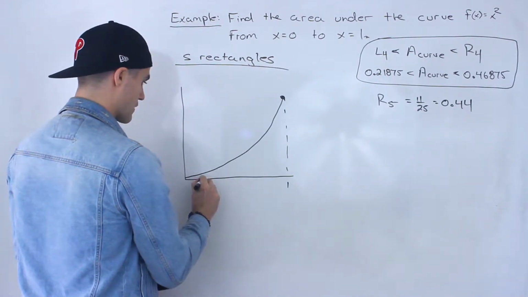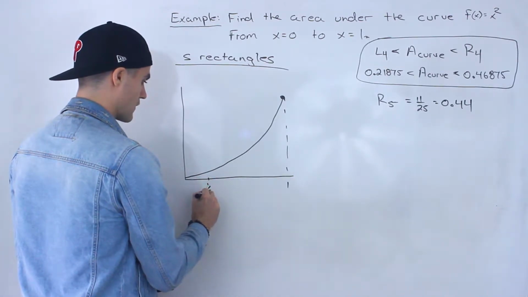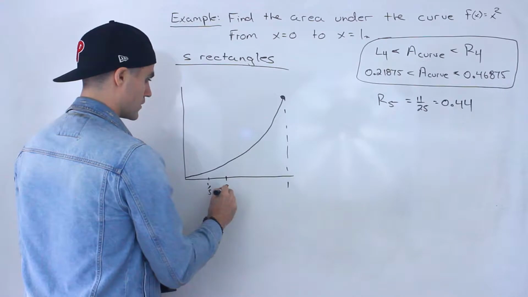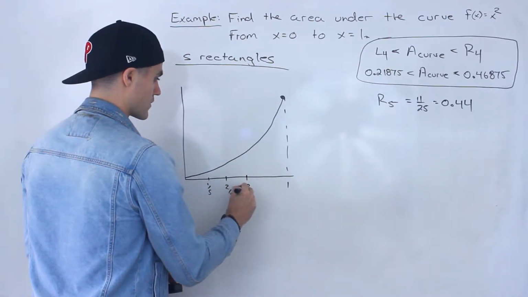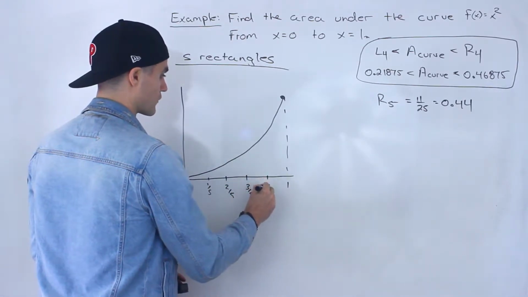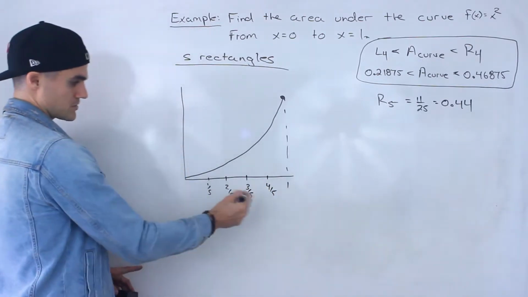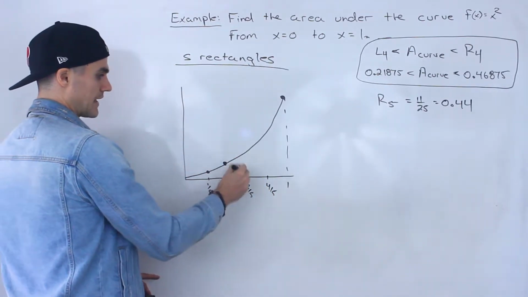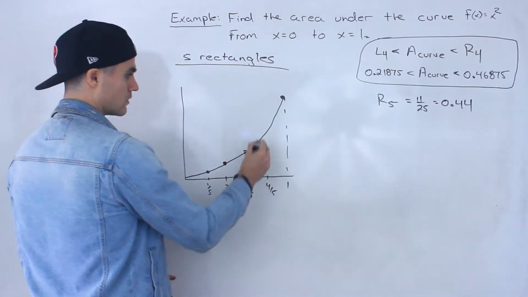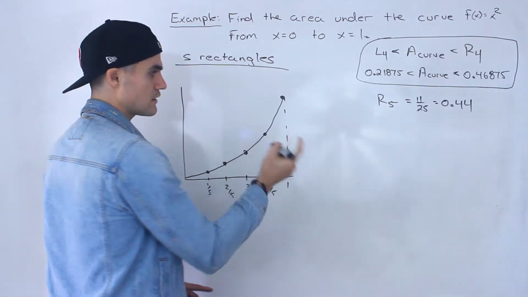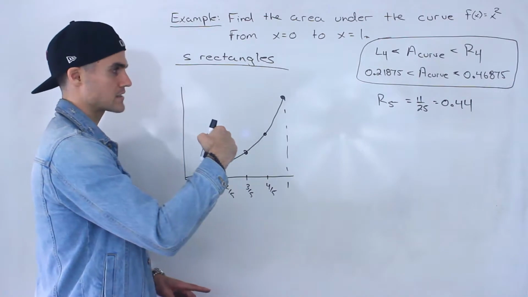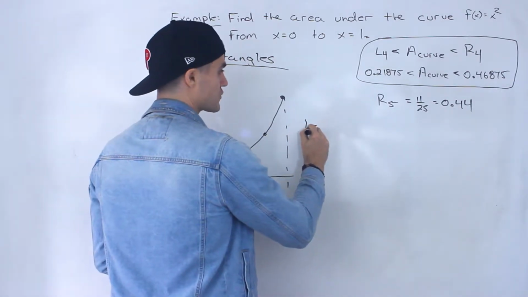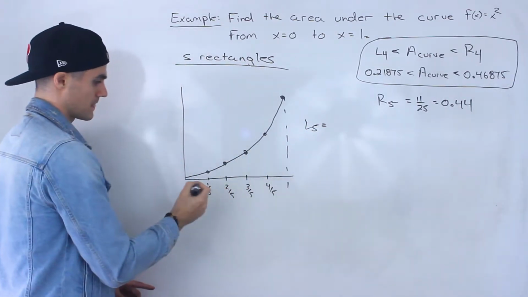So we would have 1 over 5, 2 over 5, 3 over 5, and then we got 4 over 5. And what I'm going to do is for these x values, I'm going to put points. But now these points are going to be the left upper corners of the rectangles, right? We're finding an expression for L5 in this case.